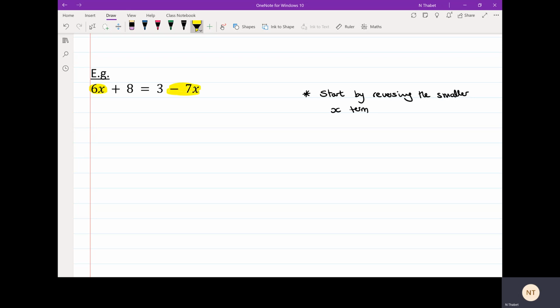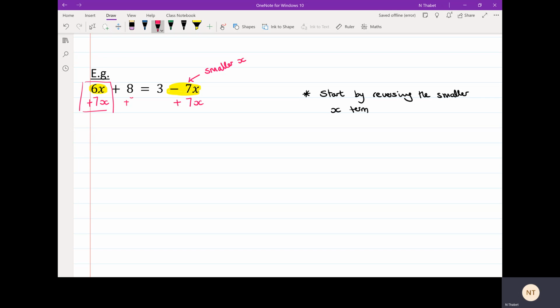It's not a 7x, it's a minus 7x. And negative numbers are smaller. So this is my smaller x. And this is my starting point. I have to reverse it. So since it is a negative 7x, I am going to add to get rid of it. So plus 7x on this side and plus 7x on that side.